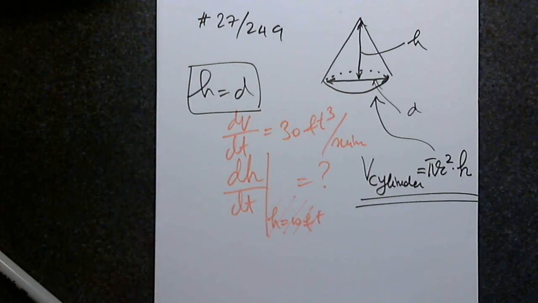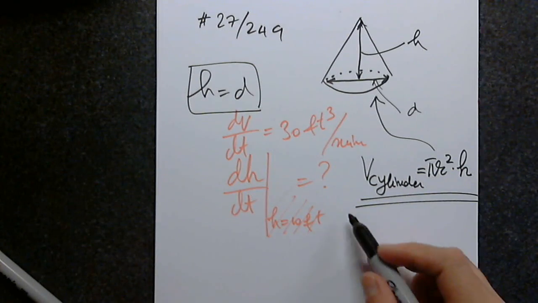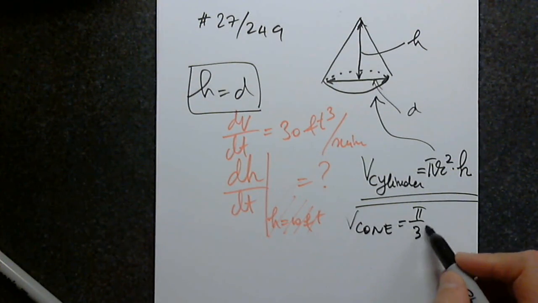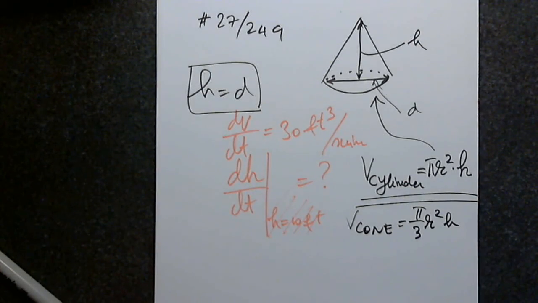So once you remember the volume of a cylinder, you should never forget the volume of a cone. So the volume of a cone is the area of the base times the height, but this time divided by 3. Okay, perfect. So where is our starting point?